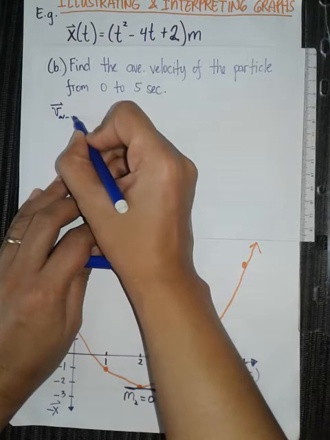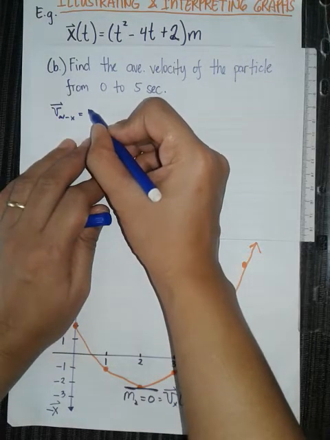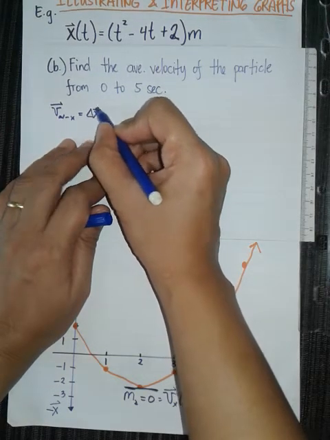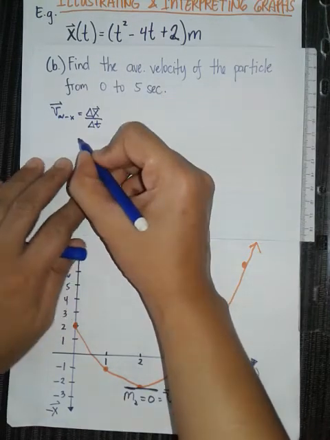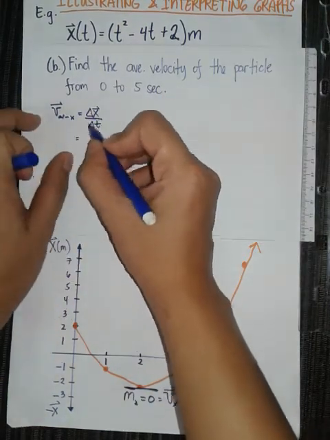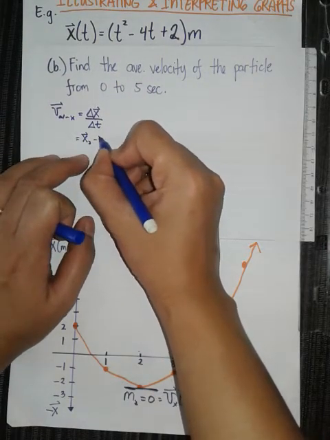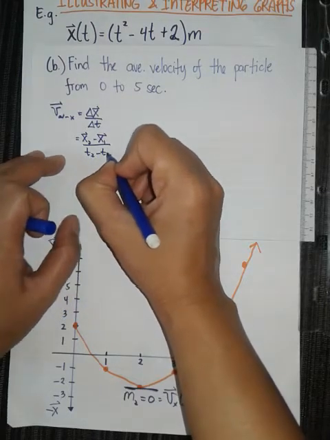This is one-dimensional along the x, so it is equivalent to displacement. When you say displacement, that's the difference in position. So displacement divided by time. Okay? So this would be x final minus x initial, divided by final time minus initial time.